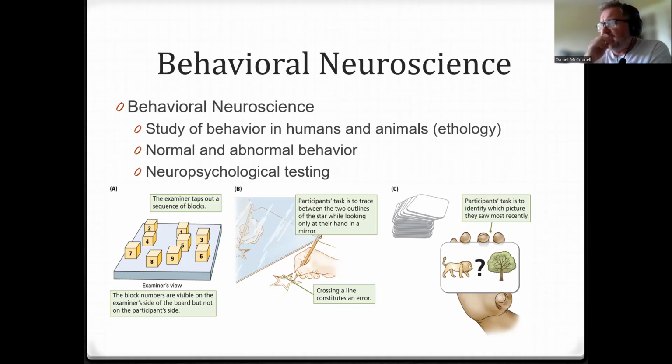Now, I'm also mentioning on this slide that you can do some of this stuff with animals. There are videos floating around online you may have seen before of chimpanzees doing this block tapping task with great facility. They can actually do this very well, right? So we can establish, by doing these tasks with what we might call normal control or intact subjects, that is neurologically intact with no brain damage, a baseline for normal functioning, and then we can administer these tests to people.